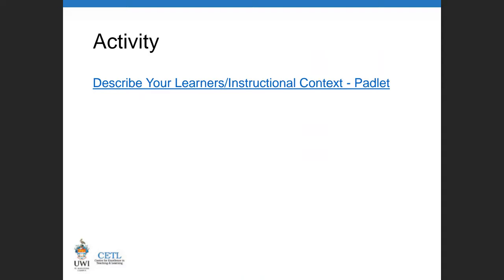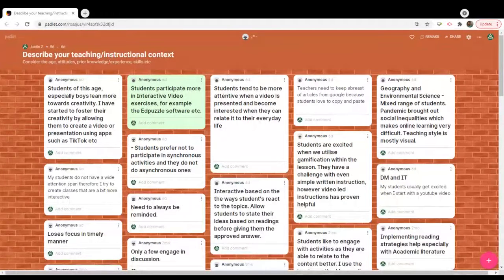So for example, are they, well, I don't want to prompt you, but describe your learners. What are some of the things that you notice in your sessions when you are teaching in your courses? What good and bad, what do you notice about your learners? Not to add anything, I see some persons are adding already.